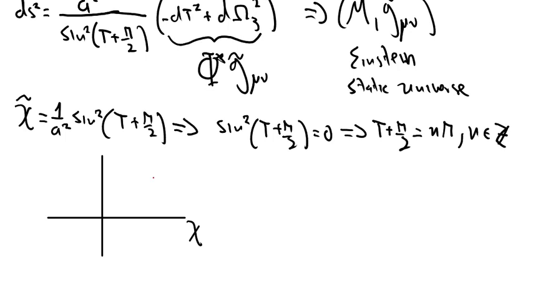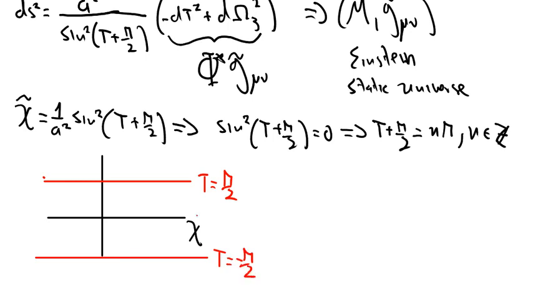So we have an infinite number of lines, and chi varies between 0 and pi.